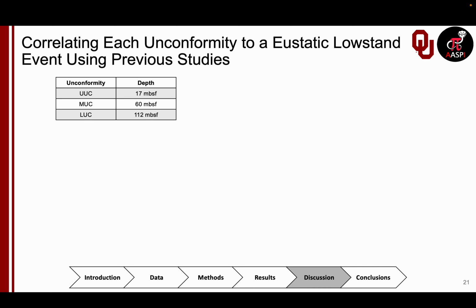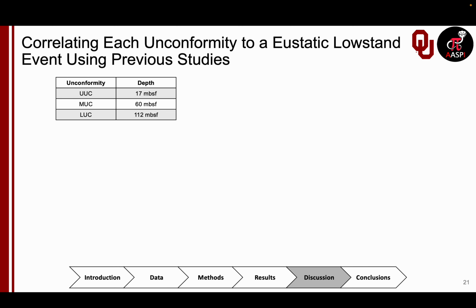So first we need to correlate these unconformities to eustatic lowstand events. And like I said, we don't have any well data and we don't have any biostratigraphic data, so we're going to be relying upon previous studies, which is okay because the Gulf of Mexico is such a highly studied basin that there is a good amount of published literature on these types of things.